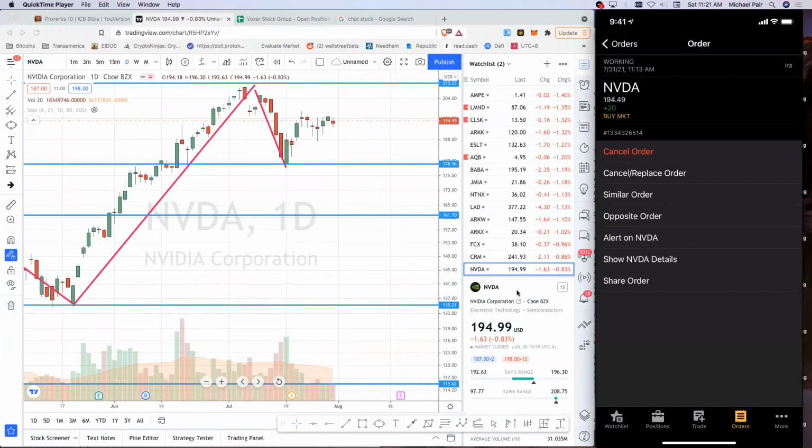We're talking 194. Now let's say Monday NVIDIA fills anywhere from 195, say, to 193, somewhere around in there. We'll say 196, 193, give it a $3 range. So it's going to fill, you're going to get your shares. Let's assume that it fills at 195.